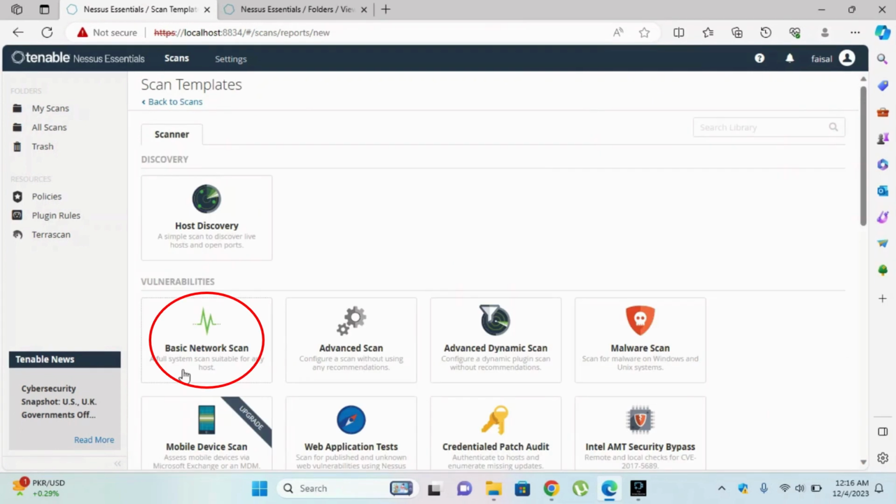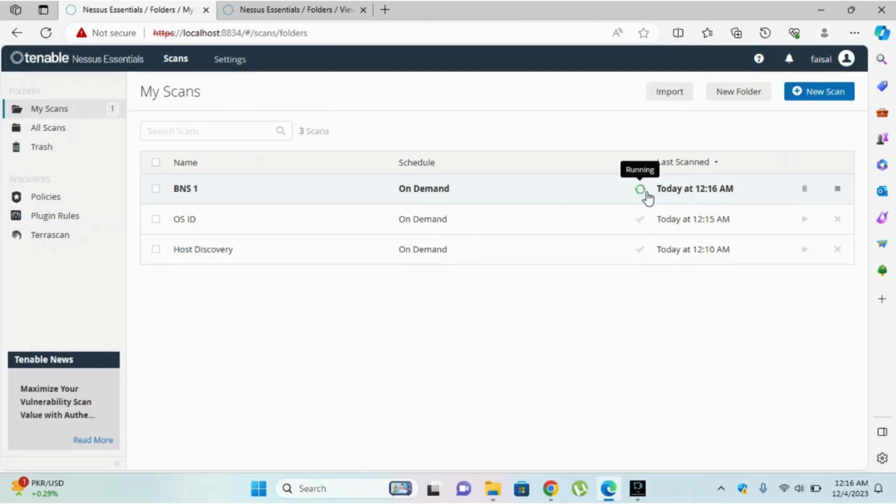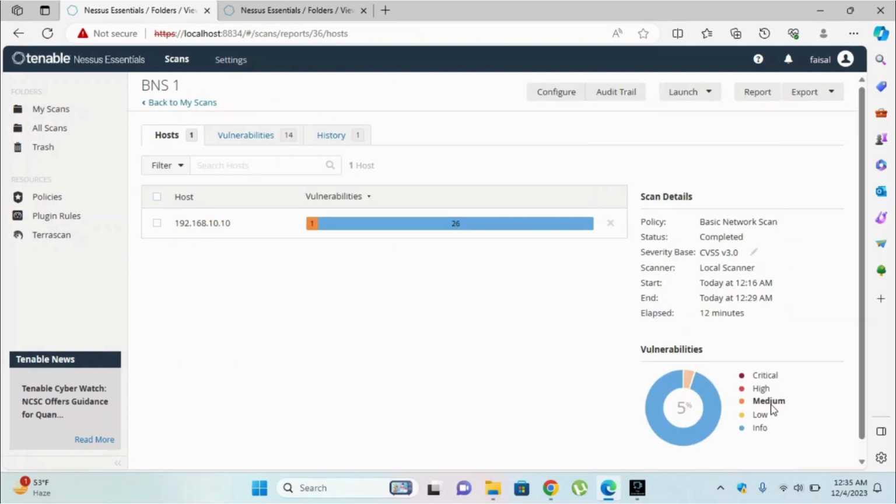Now, for the first scan, we will perform a basic network scan of the host PC. For this, the host IP was given. After completion of the scan, the vulnerabilities list is shown. Here, a pie chart is also given depicting the type of vulnerabilities.